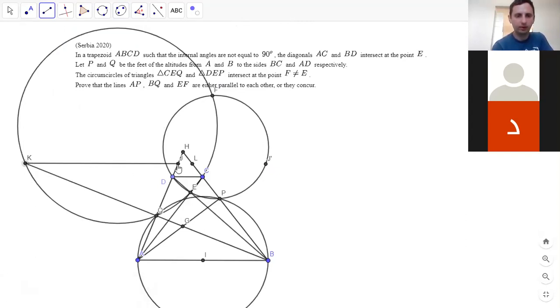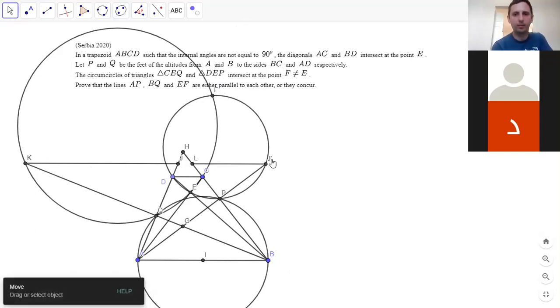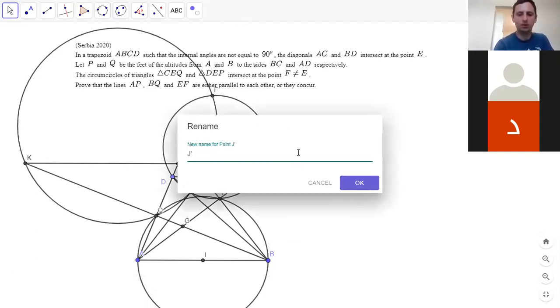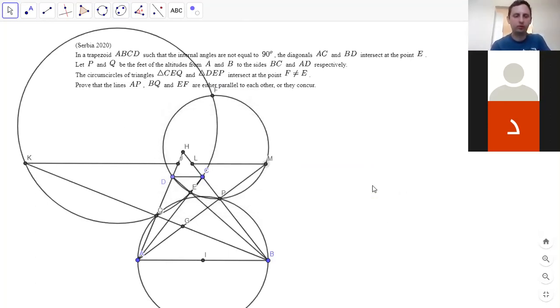So like this, and then I want to show that these 4 points are collinear. So instead of J, I could call it M. And I want to show J, K, L, and M are collinear.